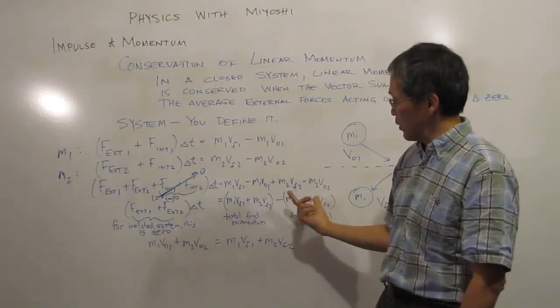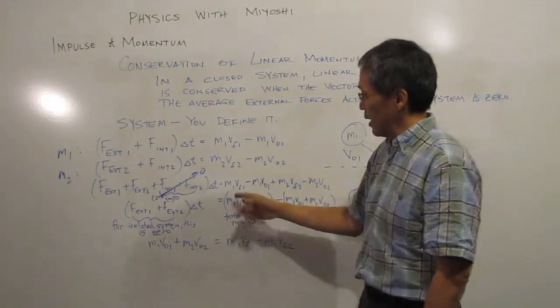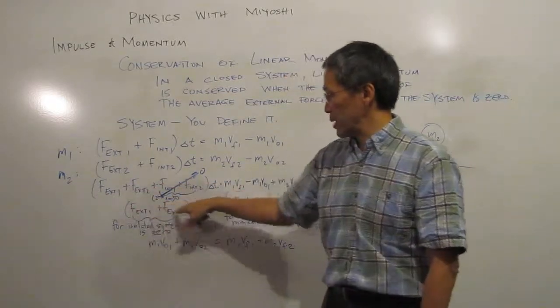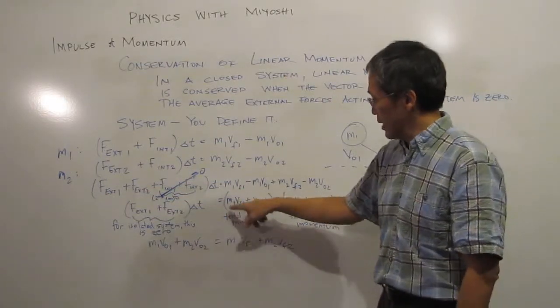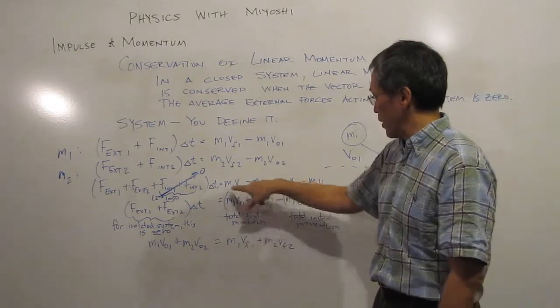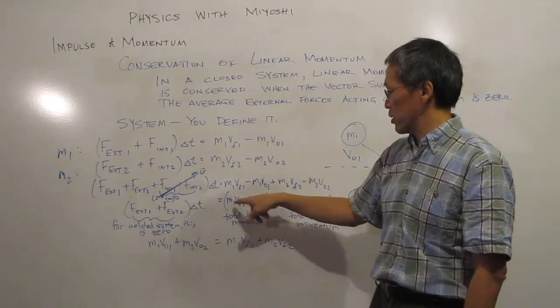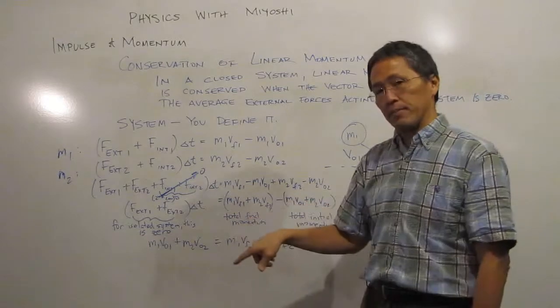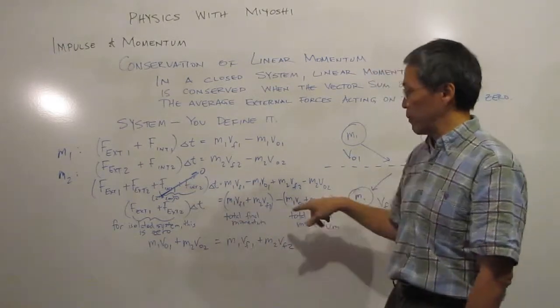Then we rearrange the equation, take the internal forces out, and just talk about the external forces, and we can rearrange so that the final terms are together and the initial terms are together. So this is our total final momentum and our total initial momentum.